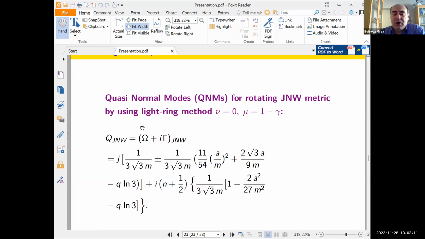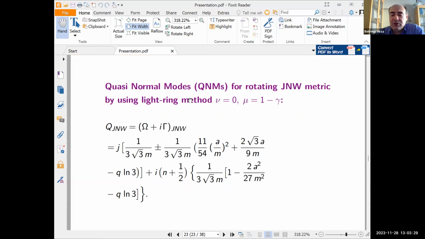This method, called the light ring method, was introduced by Ferrari and Mashhoon many years ago. We use this light ring method to study quasi-normal modes of this metric, and the modes can be easily found.